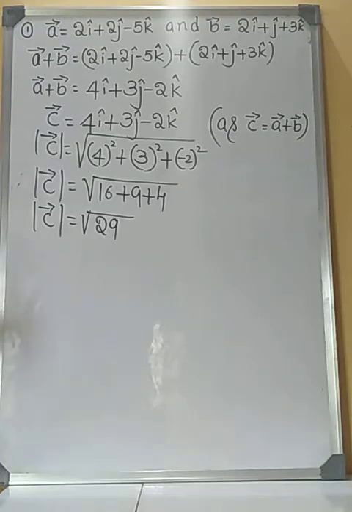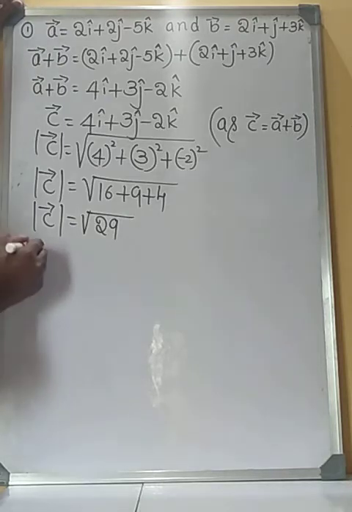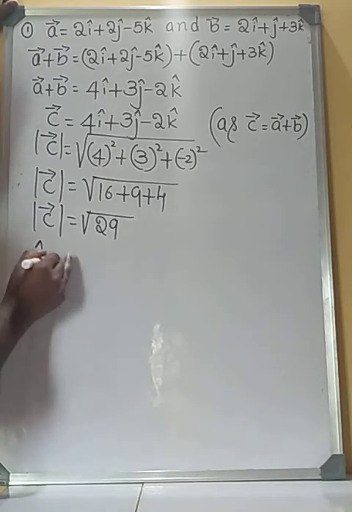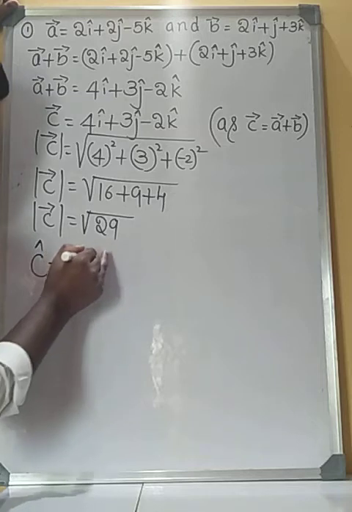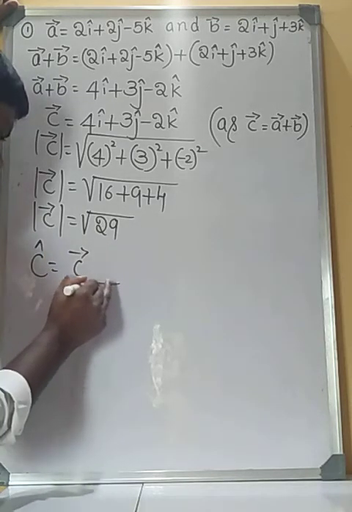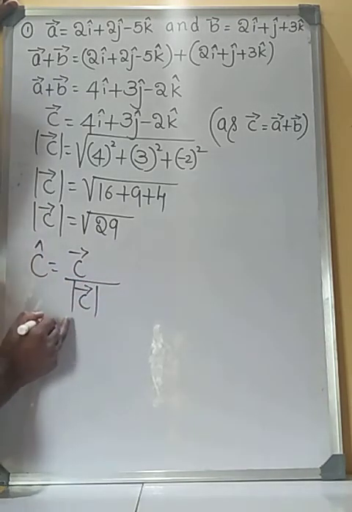The unit vector in the direction of the sum of the two vectors, C cap, is equal to C vector divided by the magnitude of C vector.